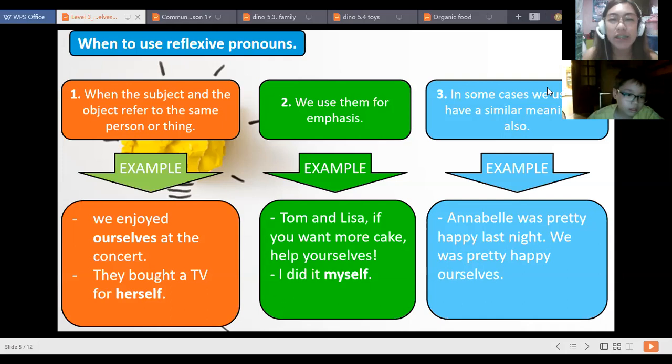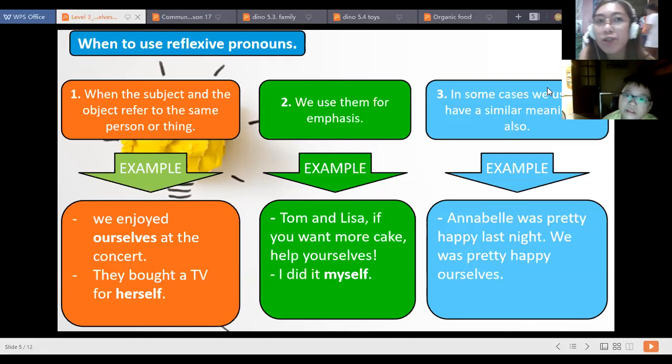Okay, what are the three things when to use the reflexive pronoun? Don't include the example. Number one: when the subject and the object refer to the same person or thing.